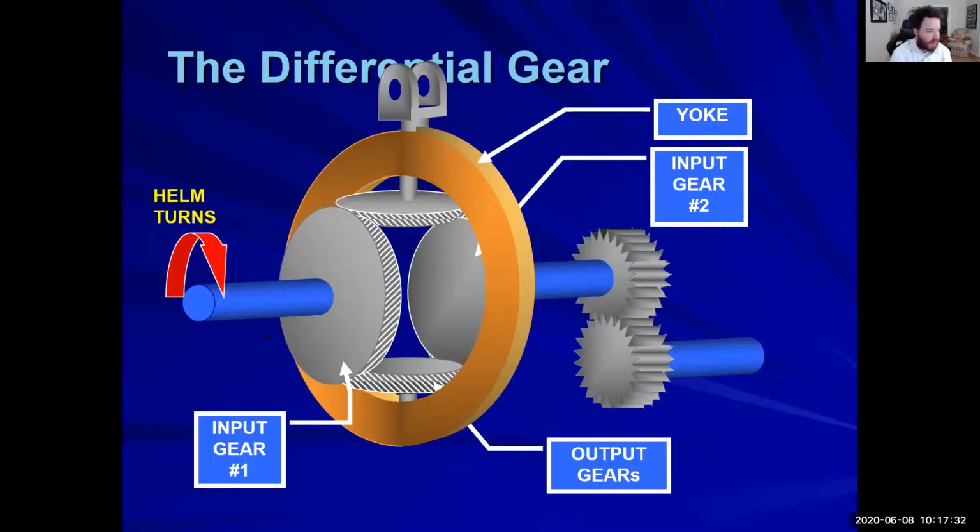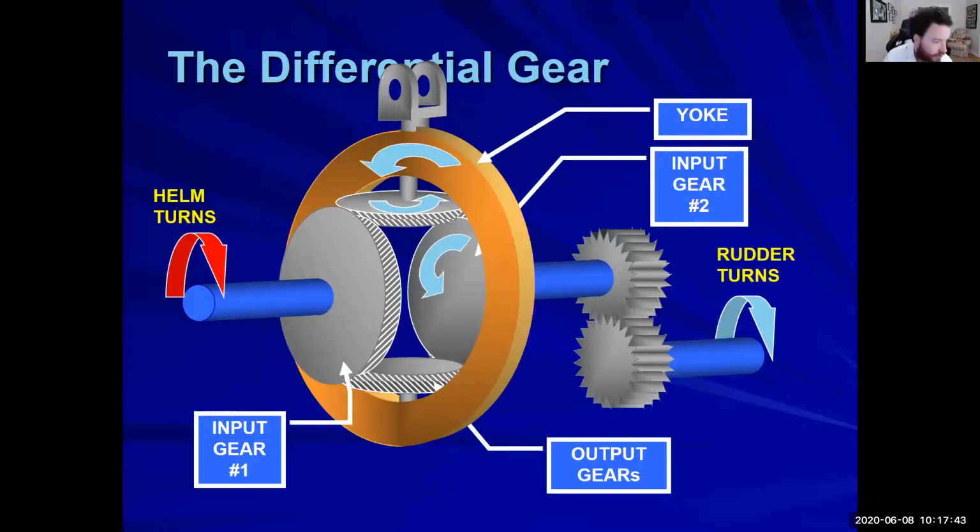So let's look at what's actually happening in this differential. We have one gear here, we have another gear here, and then we have two gears that are our outputs.